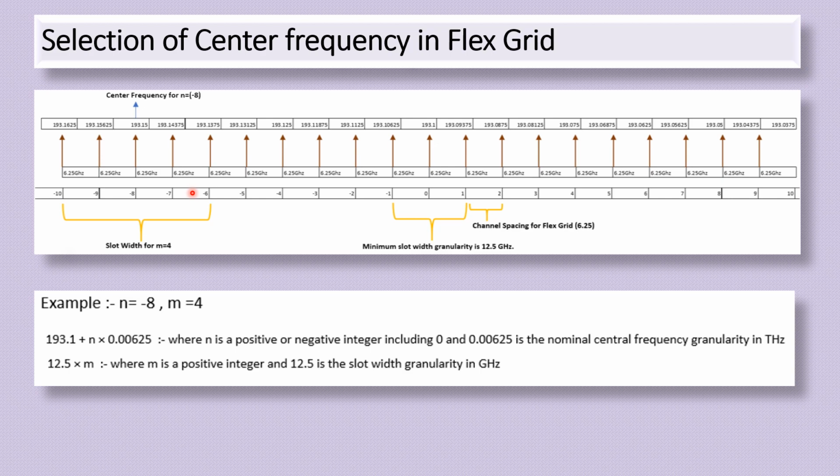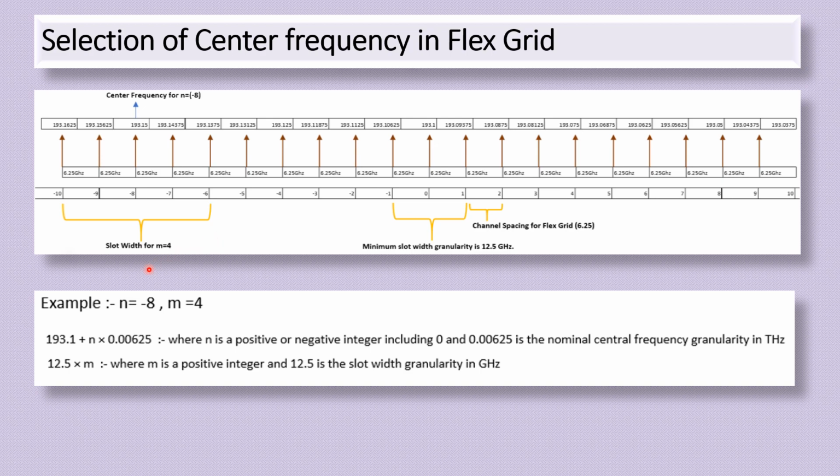It is very important in the selection of center frequency in FlexGrid that we choose the center frequency and the slot width in such a way that no two slot widths overlap with each other.